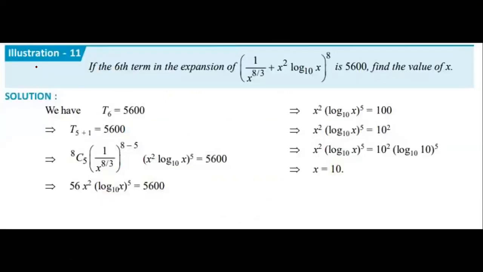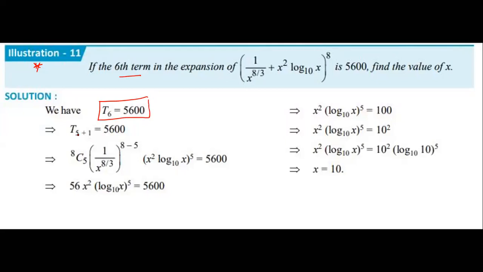Now, dear students, it was the previous year mains question. How to proceed? So in this case, after expanding, they're given sixth term is 5,600. Then find the value of x. This one is given T6.